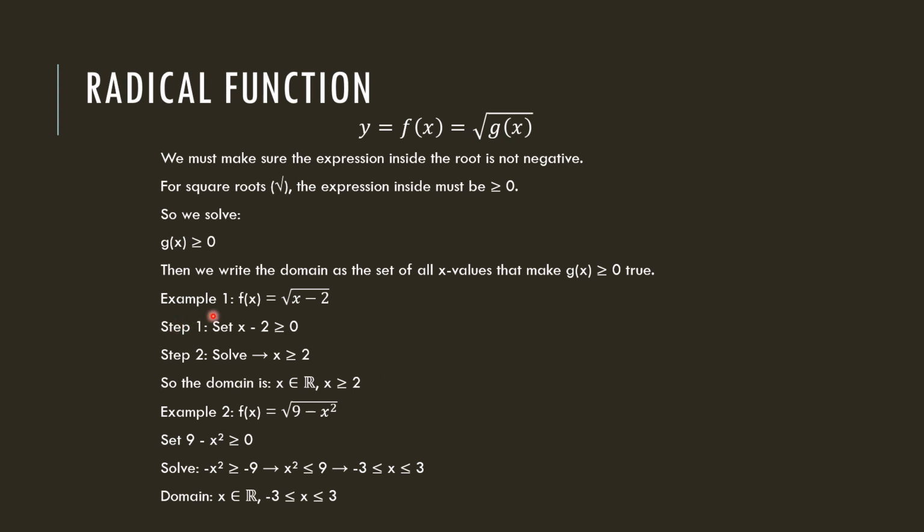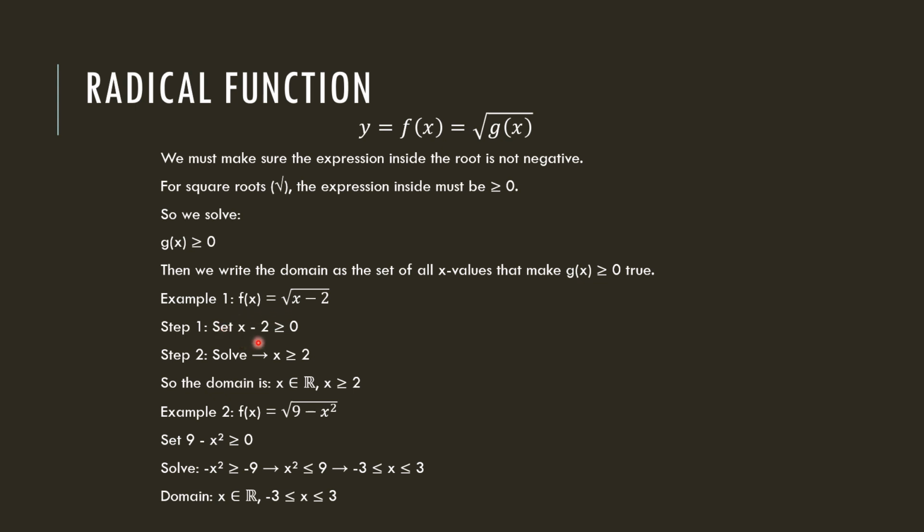So let's look at an example here. We have f of x equals the square root of x minus 2. Now I have to write the domain in such a way that x minus 2 will be greater than or equal to 0. Since this is an inequality, I'll solve it.